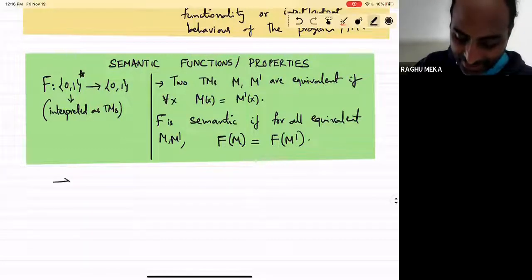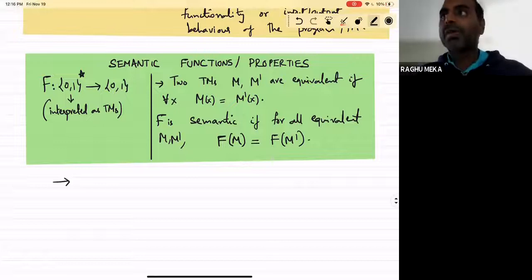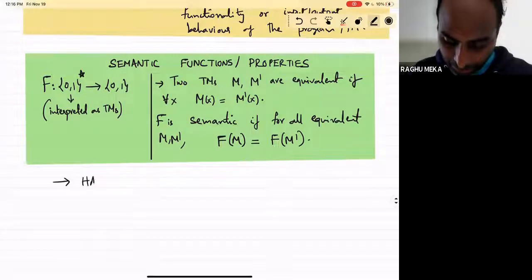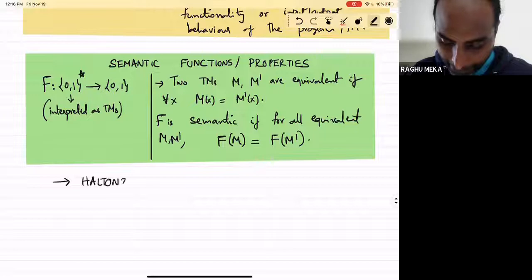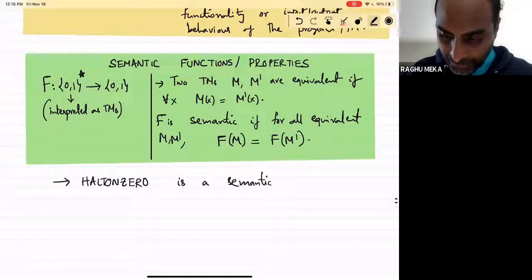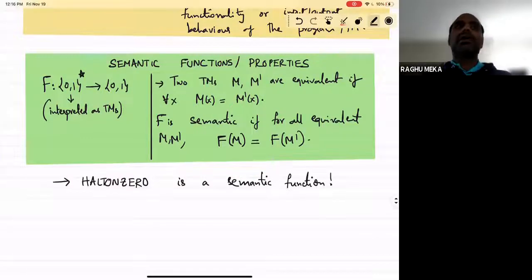So syntactically, there's a small technicality, but, halt on 0 is a semantic function. Right? Because it only depends on the functionality of the program. It doesn't depend on the exact encoding that you, like, the exact implementation of the Turing machine.